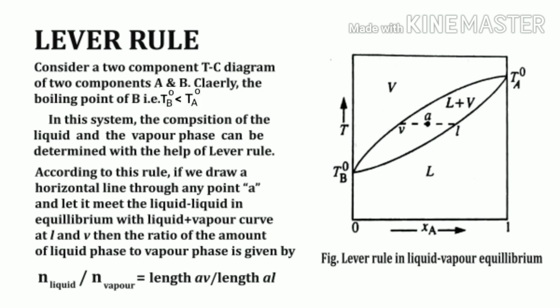In this system, the composition of the liquid and the vapor phase can be determined with the help of the lever rule. According to this rule, if we draw a horizontal line through any point A and let it meet the liquid in equilibrium with liquid plus vapor curve at L and V, then the ratio of the amount of liquid phase to the vapor phase is given by n liquid divided by n vapor equals length of AV divided by length of AL. This is the lever rule.